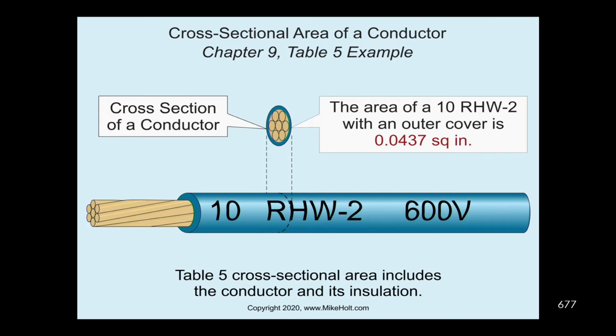That's without the outer covering, okay? In this circumstance, we're talking about with the outer covering. It doesn't say on the graphic, but, oh, it does. It says with an outer cover. So we want the one without the asterisk. That's on page 720, and it says 0.0437. In fact, that is the size that they have on there.